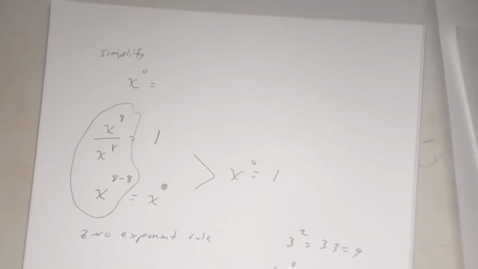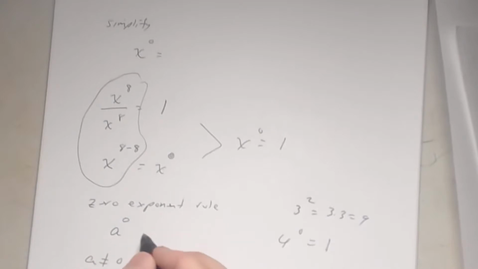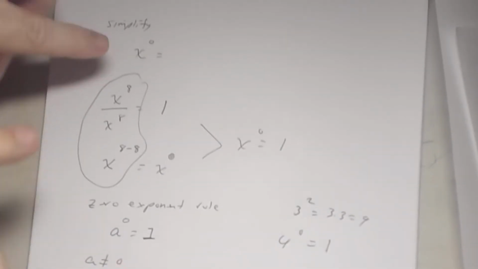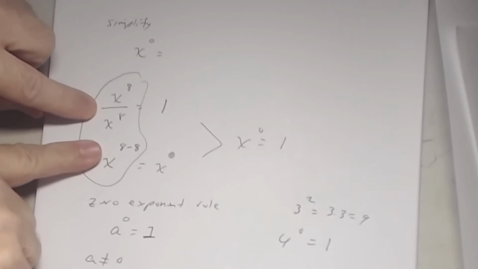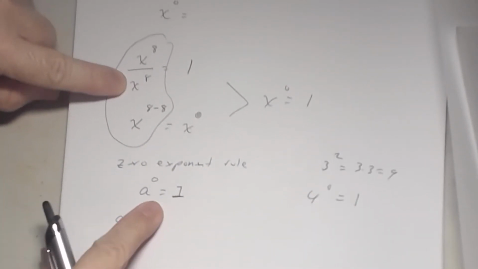Okay, so the zero exponent rule says this: if you have a base a, as long as a cannot equal 0, and it's raised to the 0 power, then that equals what number? 1. All right, and you should now see, based on what we did here, why that's equal to 1. So that's going to be our definition, the rule.